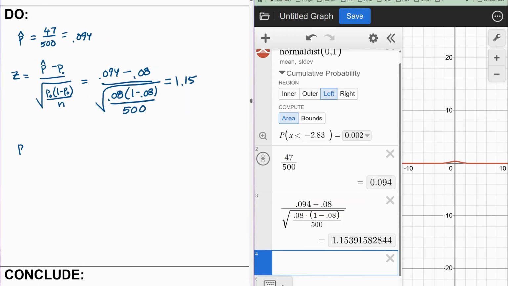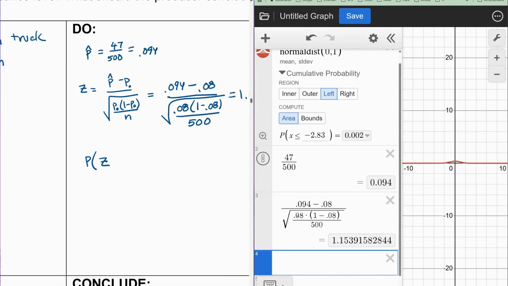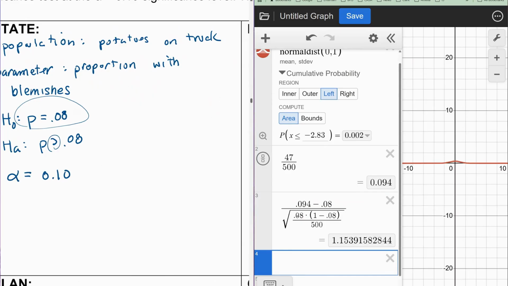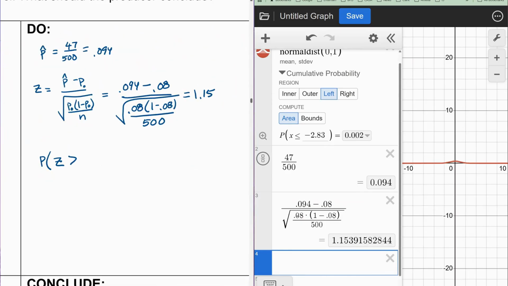Now, for the calculation of the p-value. The p-value is what's the probability that z, and here we go over to the H0 claim and steal that directional arrow, is greater than 1.15.